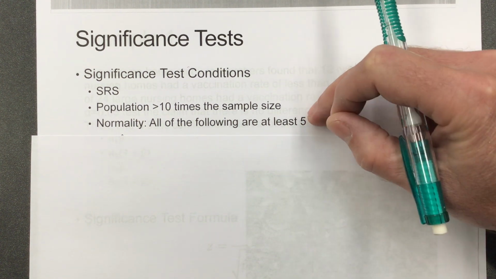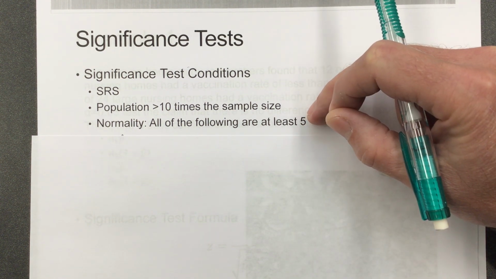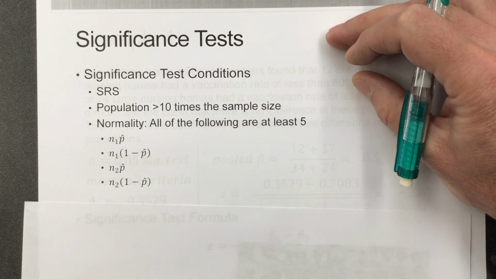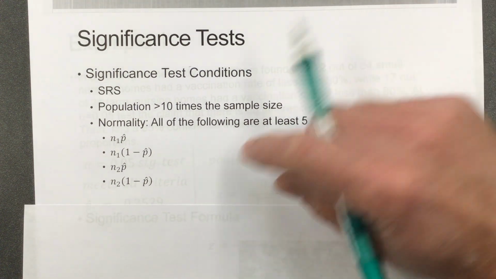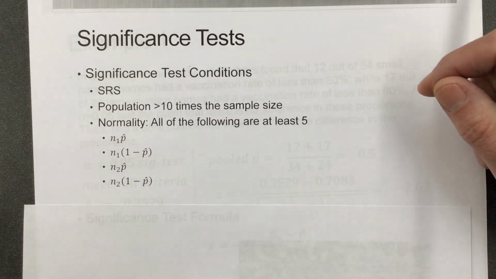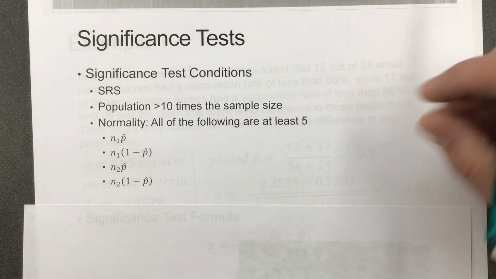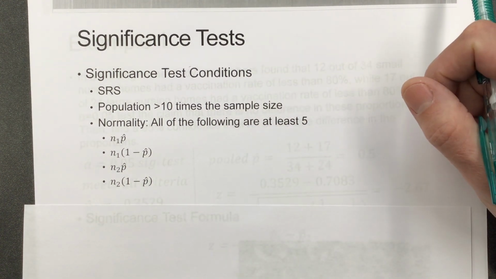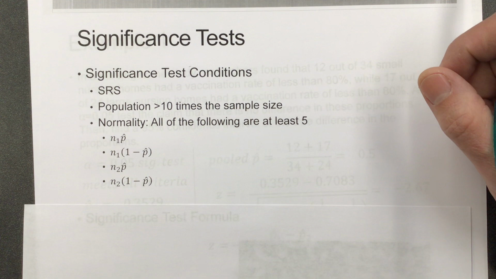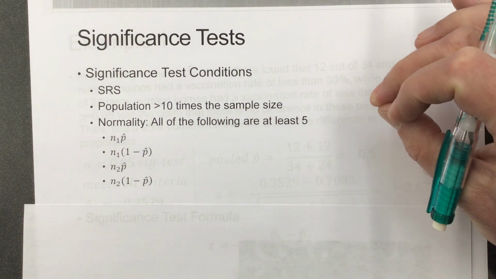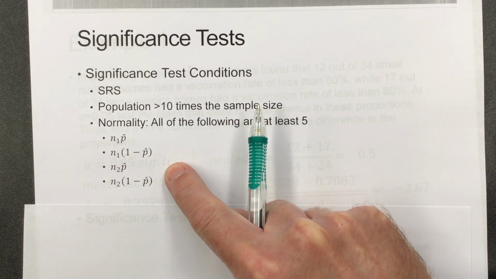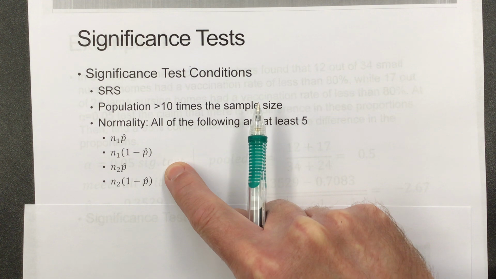For the significance test, it's going to be expected counts. And notice the expected counts here are based on the pooled proportion, not the samples, because these are expected counts. So that's different. Here we have a difference in our normality check between significance tests and confidence intervals. It's a common place to make mistakes on the test.